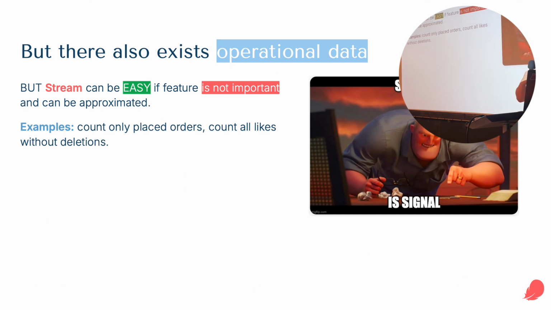So in some cases, you can cut the edges and just approximate, and that would be fine. But you need to do this only in the case that the feature is not important, and we will get back to this statement later on.